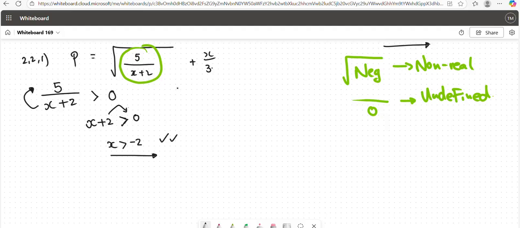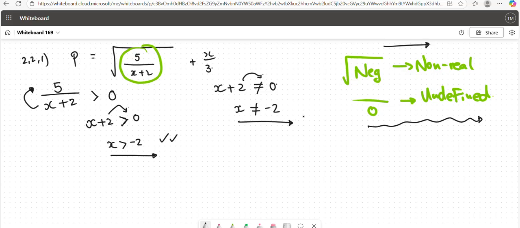And it also correlates with that other one that I was talking about, the undefined one. If that bottom is a 0, if you take that denominator and say it should not be a 0, that means x should not be a negative 2. And there we go.